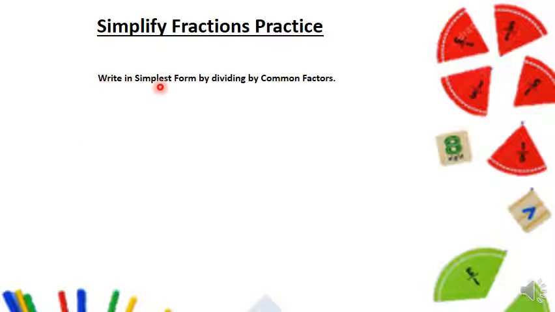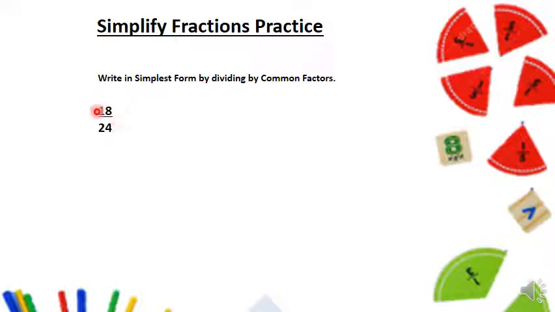Now let's do more practice. We want to write the following fractions in their simplest form. How? By dividing the numerators and the denominators of these fractions by their common factors. And pay attention, whatever we do to the numerator, we have to do to the denominator.